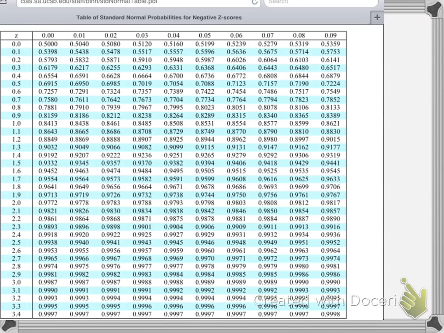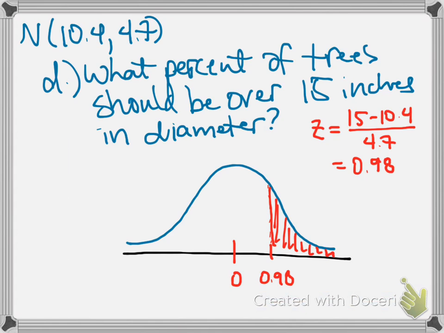So I'm going to look at the row that contains 0.9, look at the column that contains 0.08, and the intersection of those two is 0.8365. Now remember, even for these positive z values, the proportion you're getting from the table is the proportion of observations that will be to the left of the z-score that you're interested in.